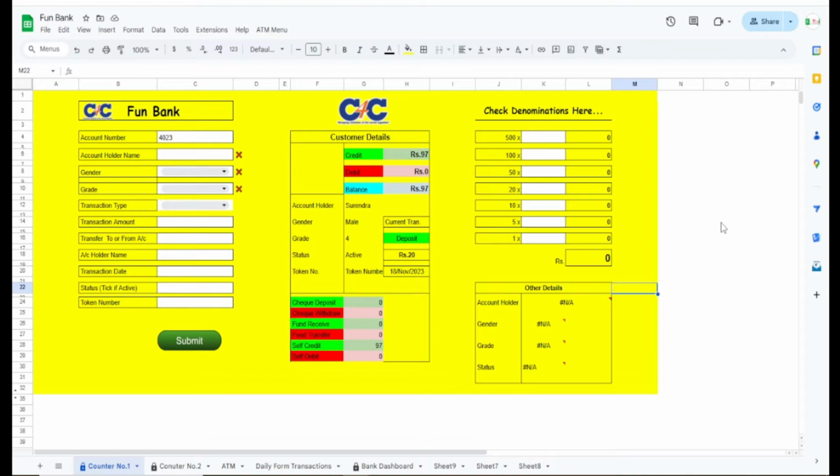In general, in a real bank, how does the bank function? There are people coming and depositing their funds, their money, and simultaneously they also withdraw, so they take money away from the bank.